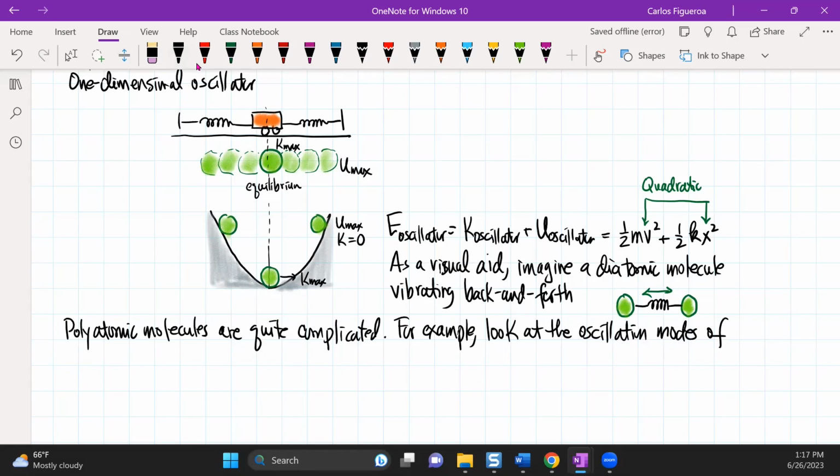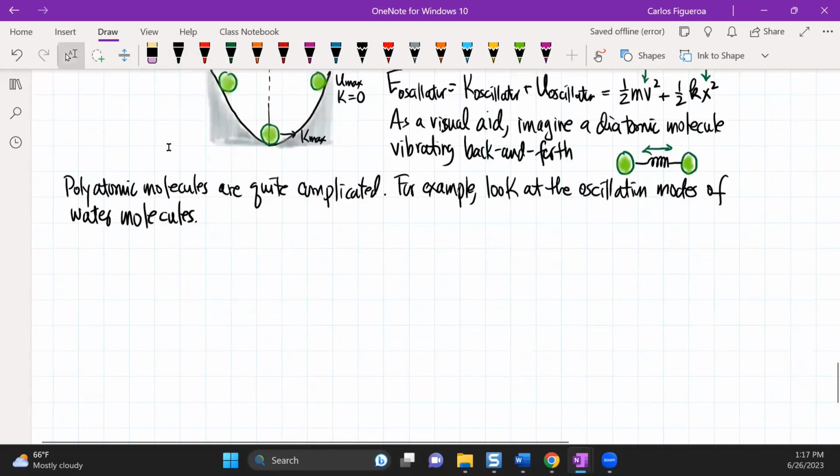Oops, that's not... I mean, here's just a few. These oscillations, and I'm just going to focus on one. They typically call this type of oscillation a stretching oscillation. And again, I'm only talking about one.